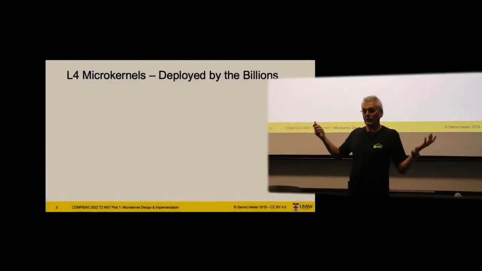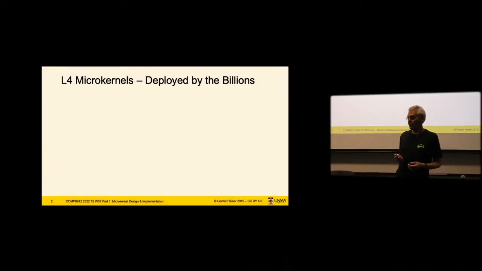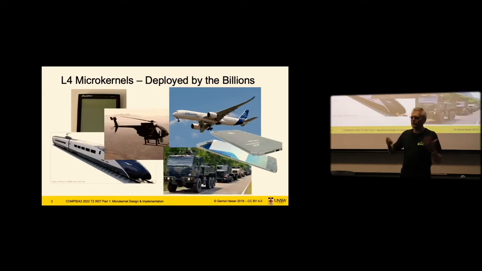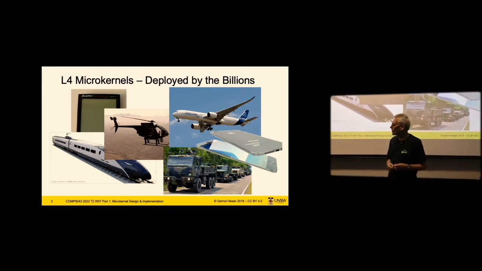So, L4 microkernels have been around for a while. And SeL4 is not the first one to go into products. That happened since the late 90s, I think. Most of these things here are deployments not of SeL4, but of other L4 versions, including some commercial clones.